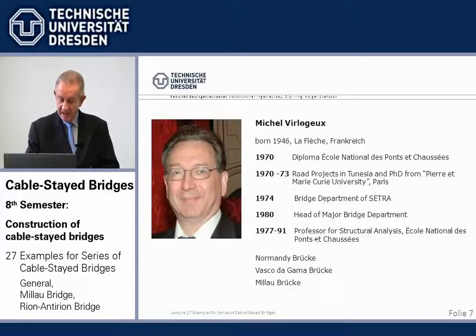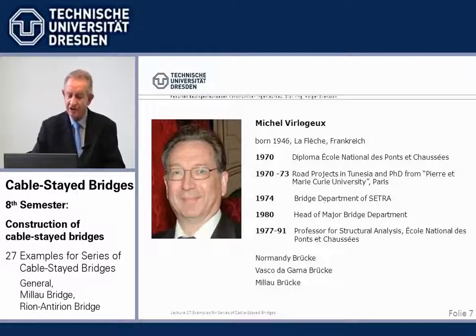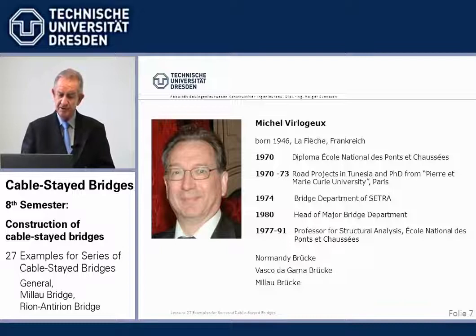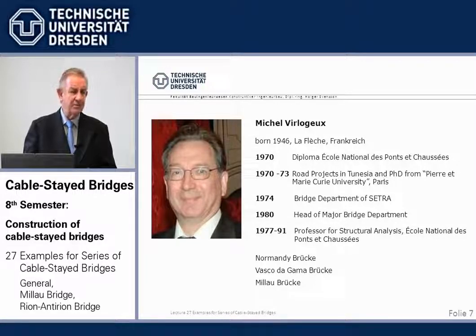So, the engineer for the Mio Bridge is my good friend Michel Virlogeux, one of, if not the leading French engineers. We've mentioned him on the Normandy Bridge, where he was in charge also, and he helped you last year with your travel to France to visit bridges, because I had asked him.